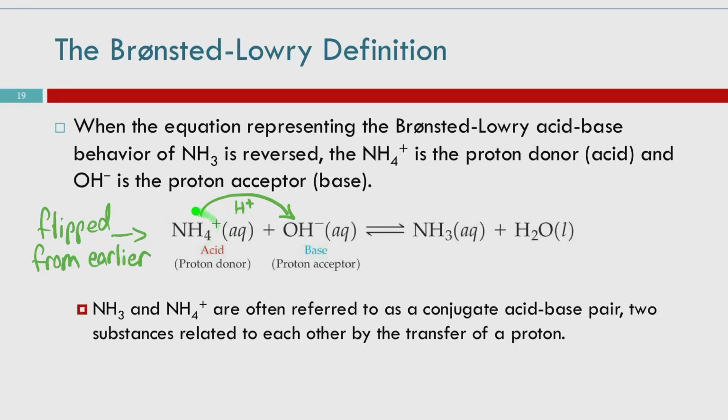And so in this case, since NH4 plus, our ammonium, is giving away that H plus, it's acting as an acid. The OH minus is acting as a base. And we would call ammonium and ammonia a conjugate acid-base pair. Our ammonium, our NH4 plus, is the acid, and we saw earlier that our ammonia is a base.